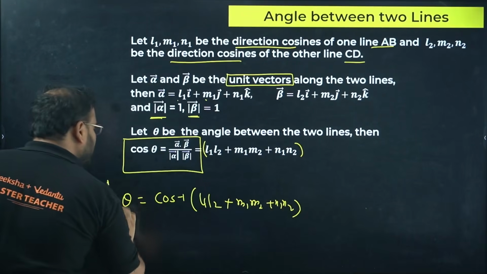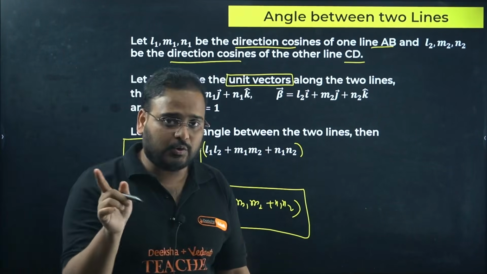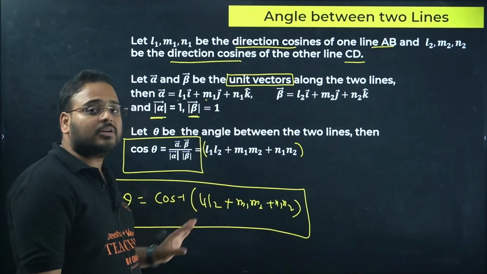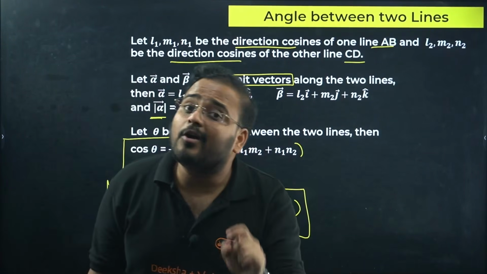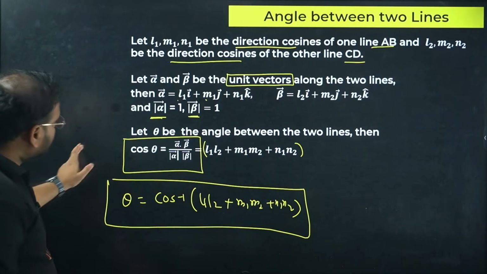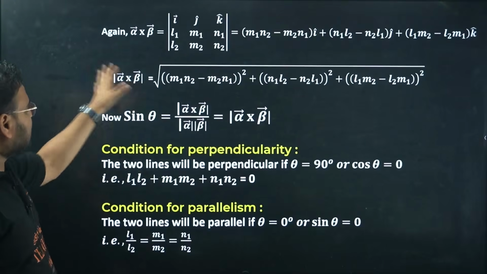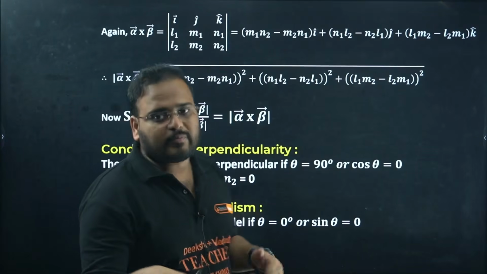I'll repeat again, this is only for the case of direction cosines given, not direction ratios. Either direction cosines you can mention, or you can mention that the vectors are unit vectors. Then only this magnitude will be 1. Now this was a concept from the dot product. The same thing we're trying to get from the cross product also.